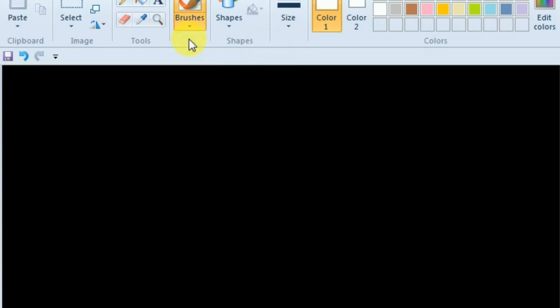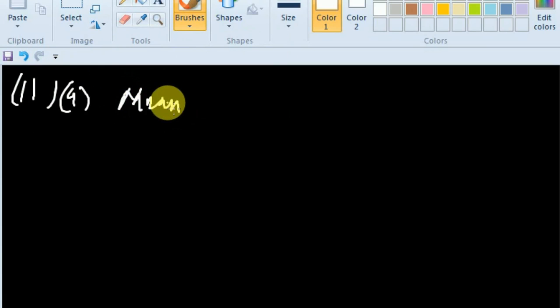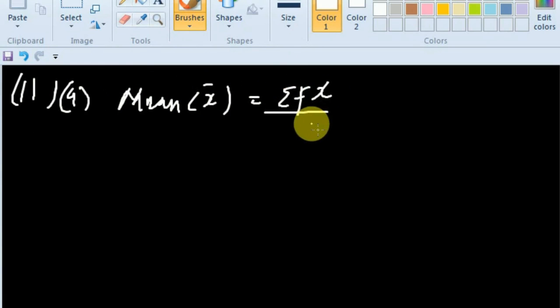These formulas are given in the question, in 11 A. Before you calculate the standard deviation, it is important to calculate the mean. So the mean there is summation of f x divided by summation of f.